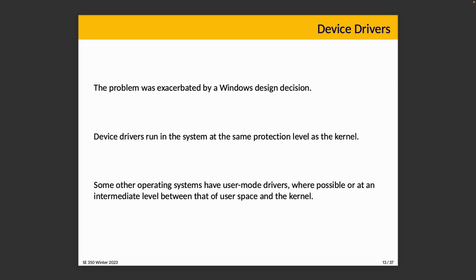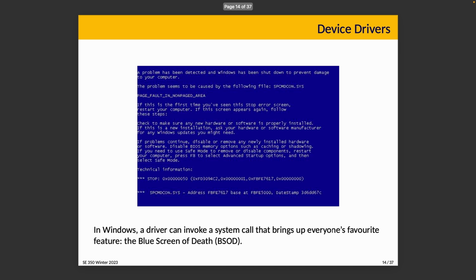I can recall installing a user-level driver in Linux to be able to read an NTFS drive at some point. So the concept does exist. Other operating systems also have an intermediate level between user space and the kernel that says, all right, we trust you, but not completely. But why is it bad for these to be at kernel level?